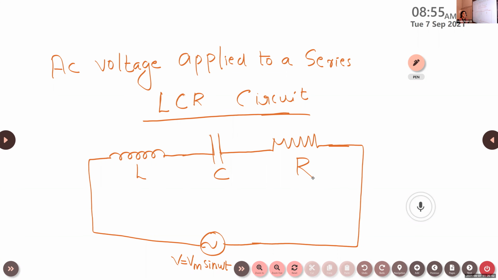Consider a series combination of inductor, capacitor, and resistor.